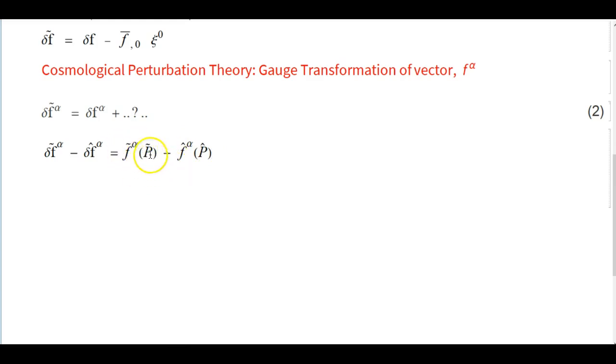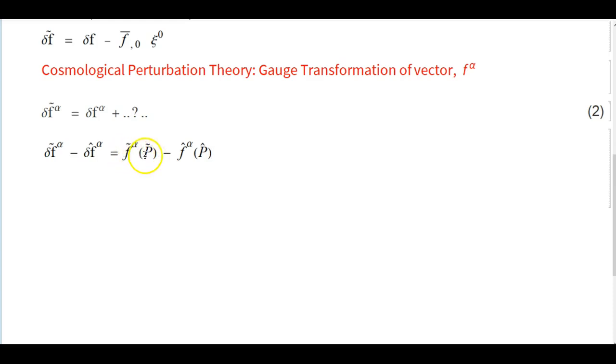And I'm repeating this again and again because this is important, and also because some of the viewers might be watching it for the first time. They have not watched the previous videos in which I have explained that p caret and p tilde have the same set of coordinates in their respective gauges.